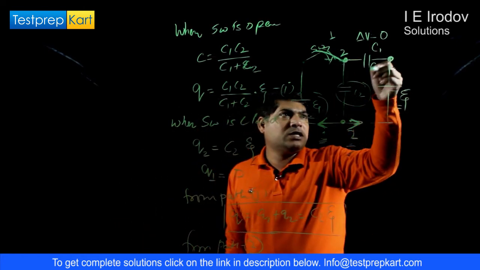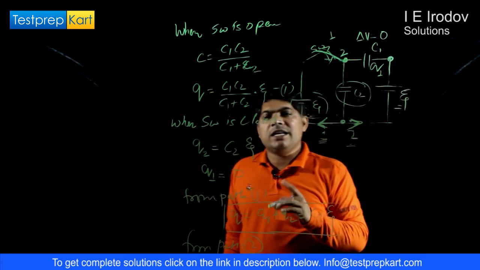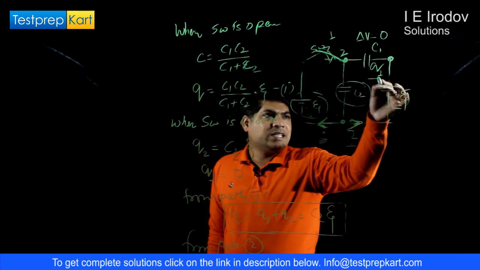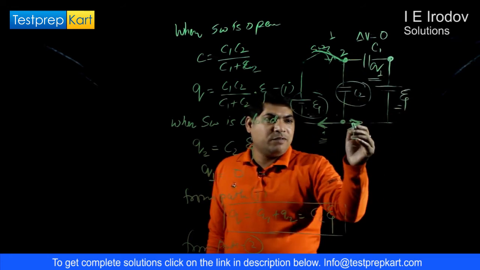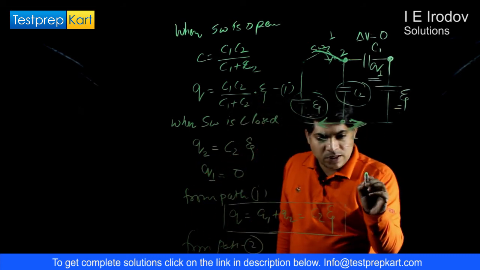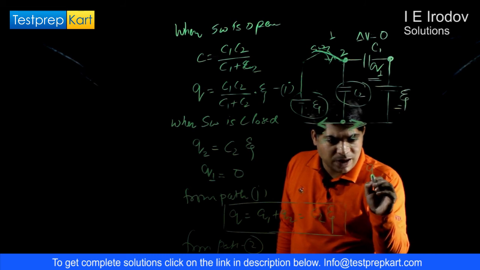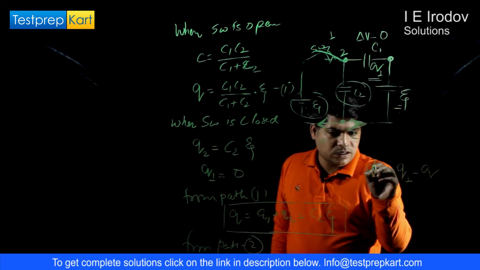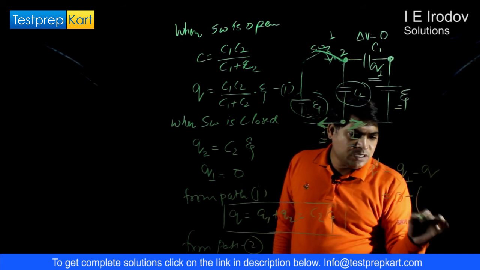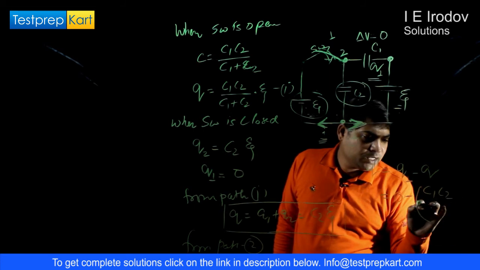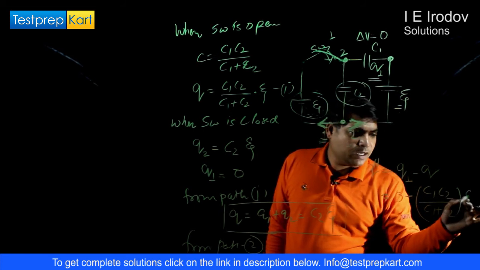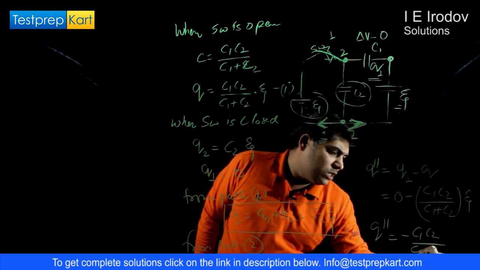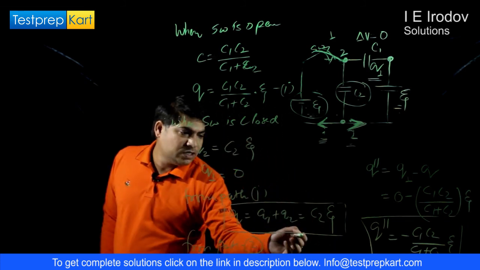After closing the switch there is charge Q1, what we have assumed, and initially there was charge C1 C2 over C1 plus C2 into E. Although we know Q1 is equal to 0, we have to measure charge according to this direction, so the charge flowing through path 2 as marked in this figure is equal to Q1 minus Q. Q1 is 0 and Q is already calculated before changing the position of the switch, C1 C2 over C1 plus C2 into E. So the charge passing through path 2 is minus C1 C2 over C1 plus C2 into E. So this is from path 1 and this one is from path 2.